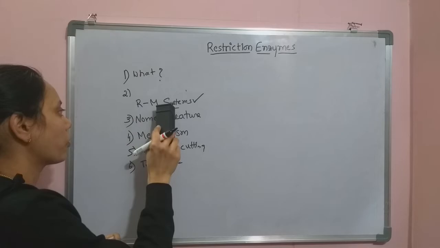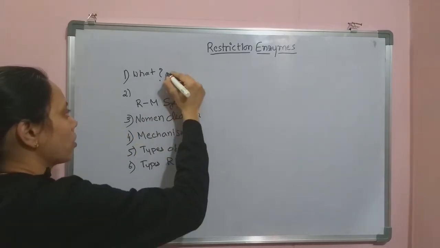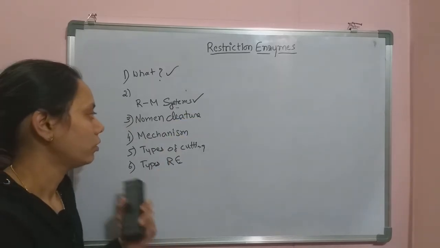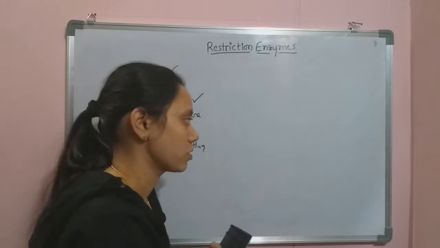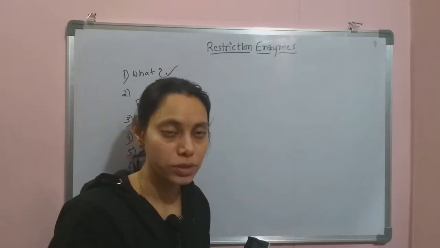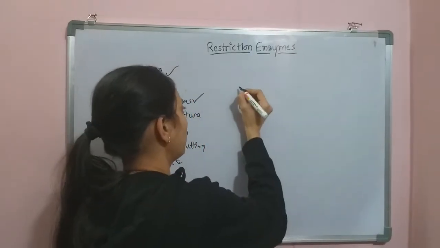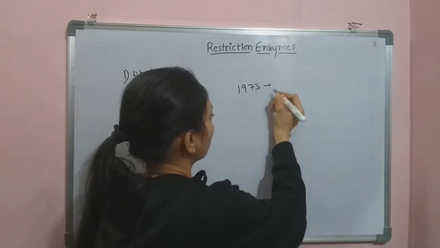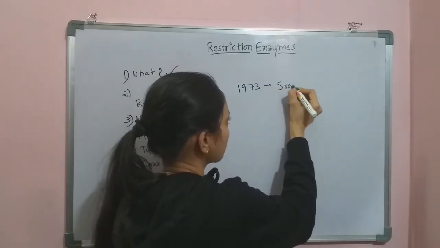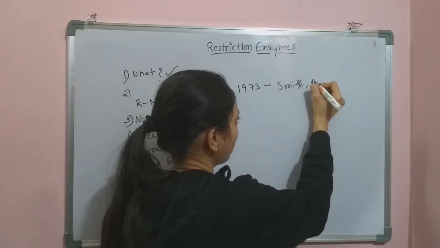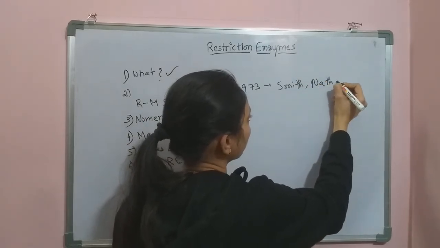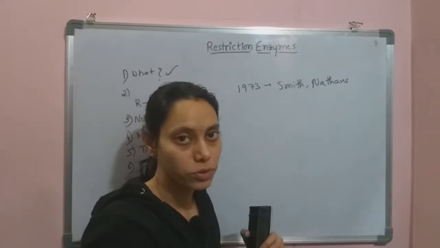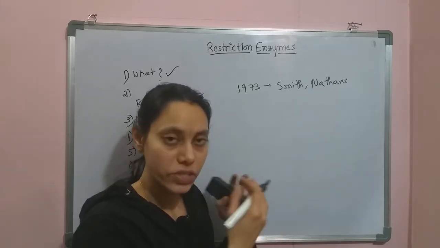So coming to the next point, that is nomenclature. How do we name the restriction enzymes? In 1973, scientists called Smith and Nathans made a set of rules for us to name the restriction enzymes.